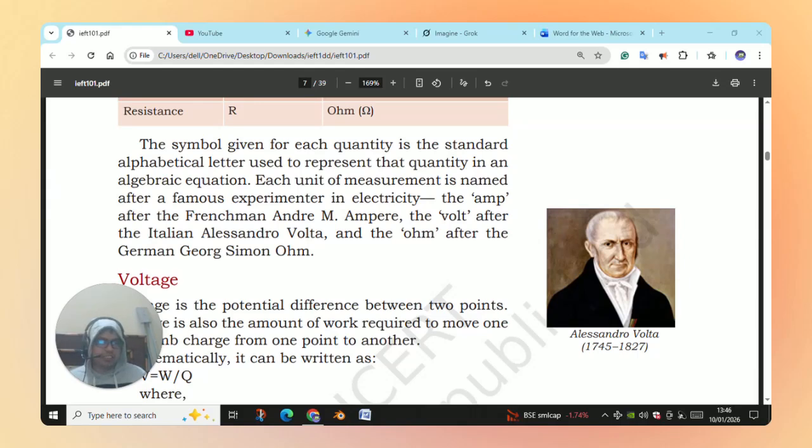Each unit of measurement is named after a famous experimenter in electricity: the ampere after the Frenchman André M. Ampere, the volt after the Italian Alessandro Volta, and the ohm after the German Georg Simon Ohm. Let's find out some information about these scientists.